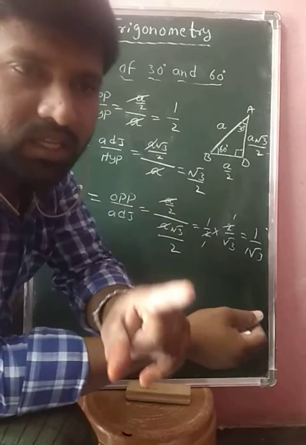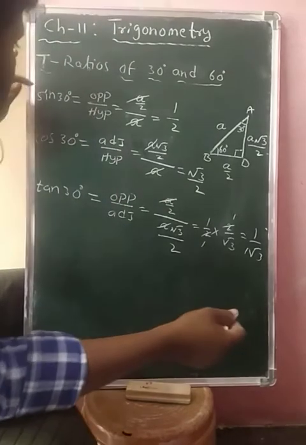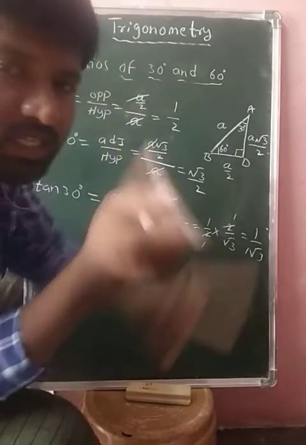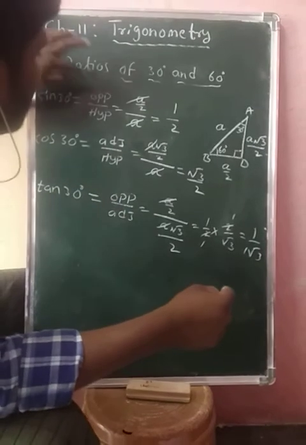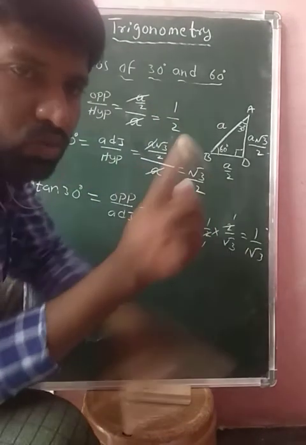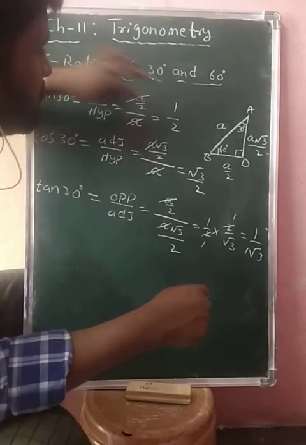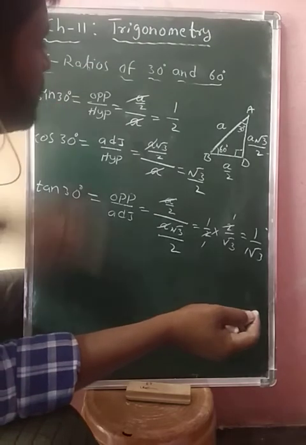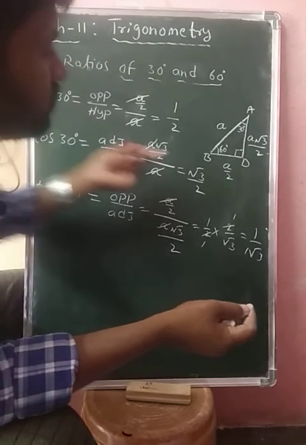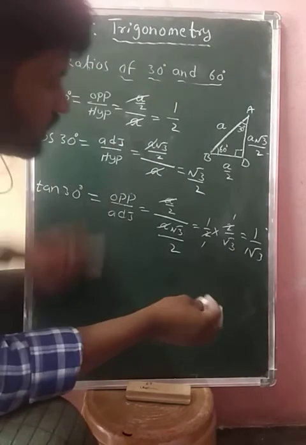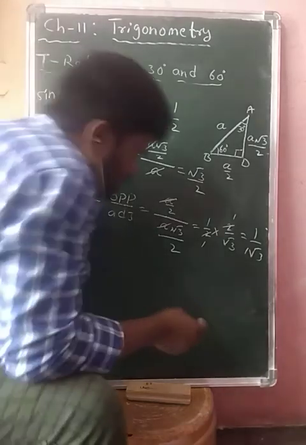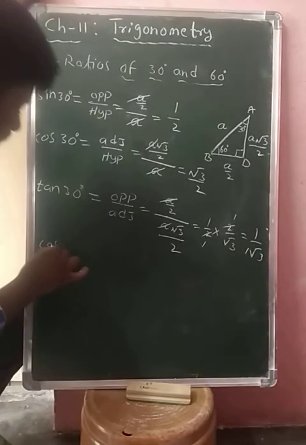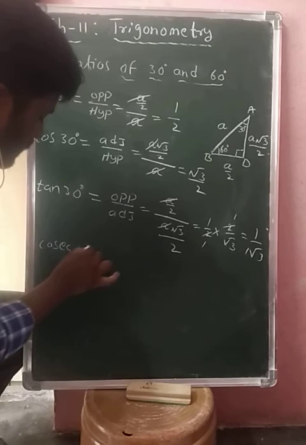In the same manner, what is the reciprocal of sine? That is cosecant theta. Sine is opposite by hypotenuse, and its reverse is hypotenuse by opposite, that is 2 by 1. We get cosec 30 degrees is equal to 2. Okay? We can try it like that. Let us see that. I want cosecant 30.